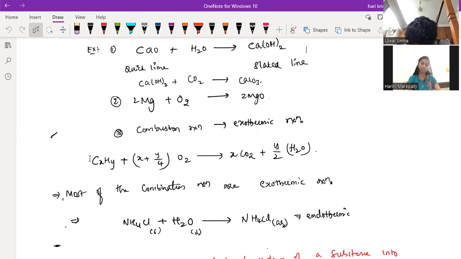So this is the combustion reactions general formula. All the combustion reactions are exothermic. Combustion means what? Whenever the substance is heated, it will produce the heat energy, right? Or whenever the substance reacts with the oxygen, it will produce the heat energy. That is only the combustion reaction.